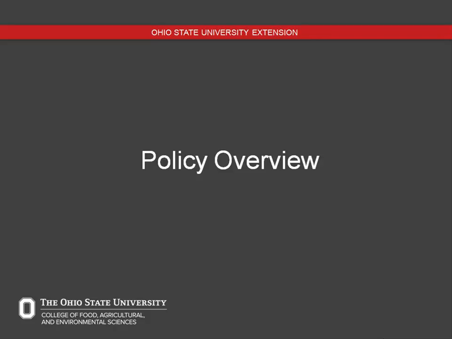So if we step back a second and think about what influences policy: policy doesn't just appear, right? Policy is influenced by economic, environmental, and social factors at the local level, state level, national level, international level. Someone mentioned automotive fleets or cars earlier. That's a good example of these factors influencing policy.